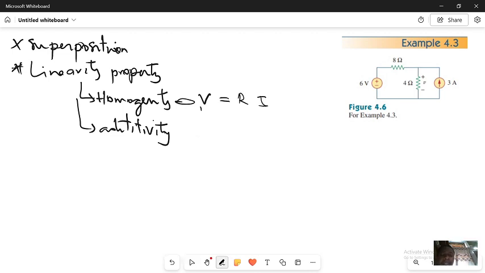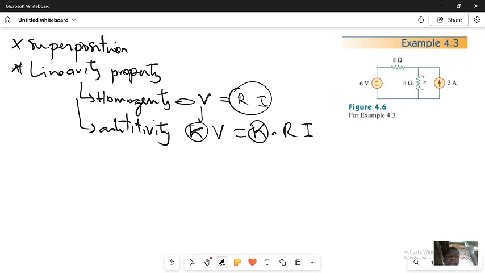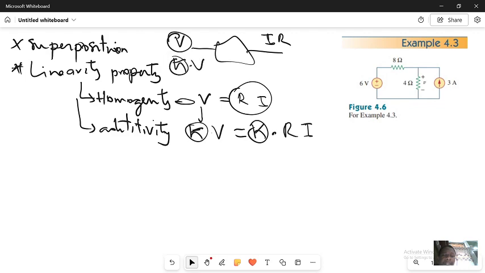If we multiply the input V by a constant K, the output will be multiplied by the same constant K. That means if I have a system and the input V gives me the output Ri, then if I multiply the input by a constant K, the same constant will multiply the output.